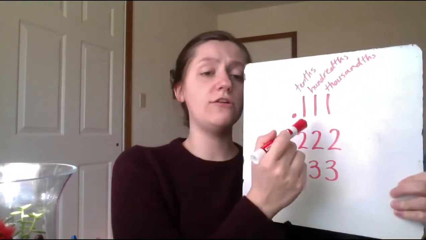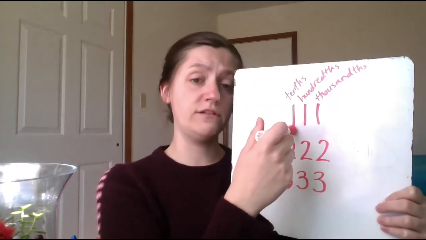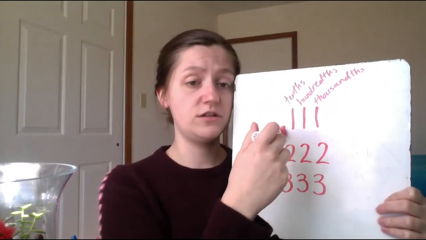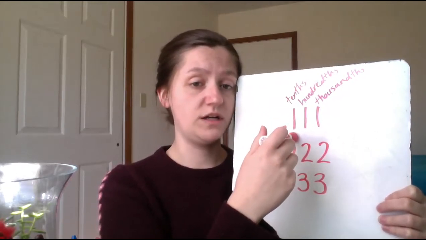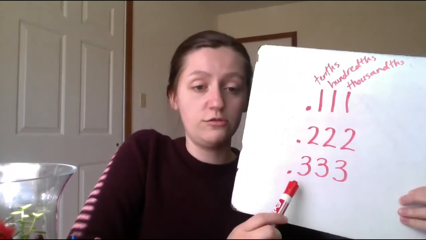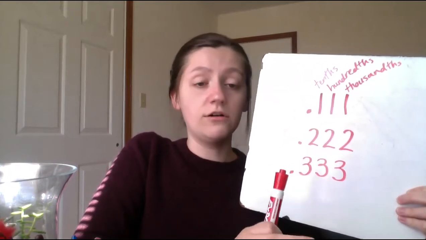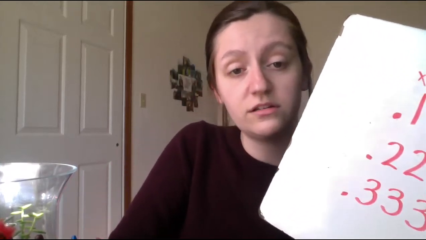So right off the bat, just from comparing the tenths place, I know that 111 thousandths is going to be the smallest because 1 is the smallest number here. Then 222 thousandths is going to be next, and 333 thousandths is going to be the largest because 3 is the largest number here. I learned all that just from comparing the tenths place, and I don't even have to do any more.